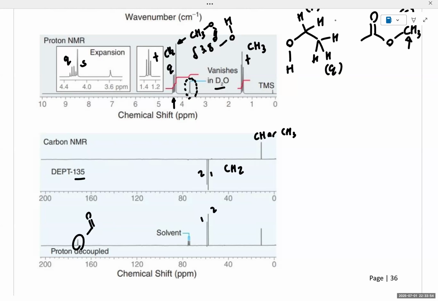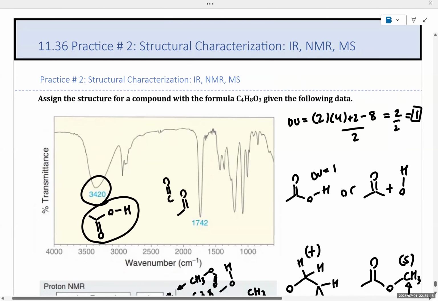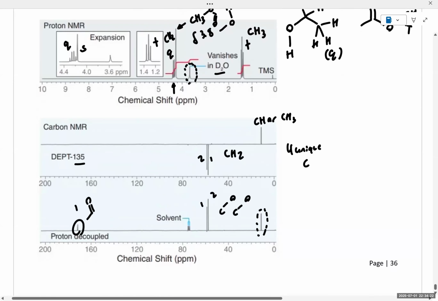And we have 1, 2 carbons adjacent to an oxygen, and 1 carbon that's just on its own. Because we have 1, 2, 3, 4, we have 4 unique carbons. Looking at the formula, C4H8O3, yeah, that makes sense.